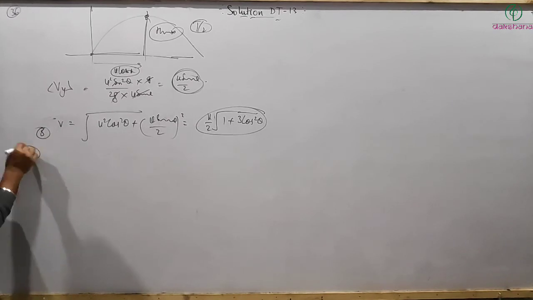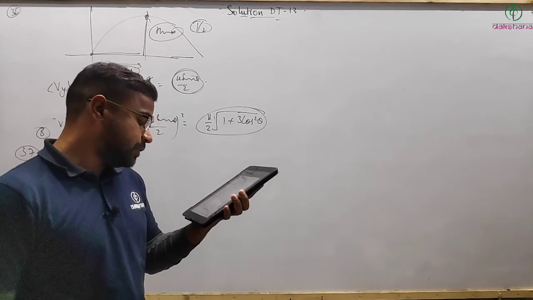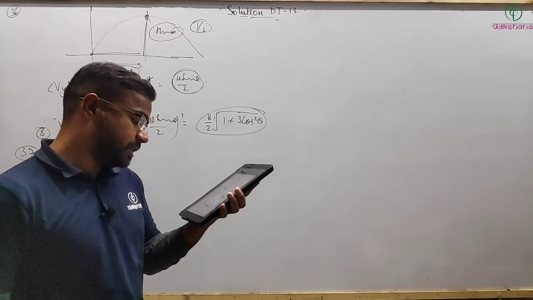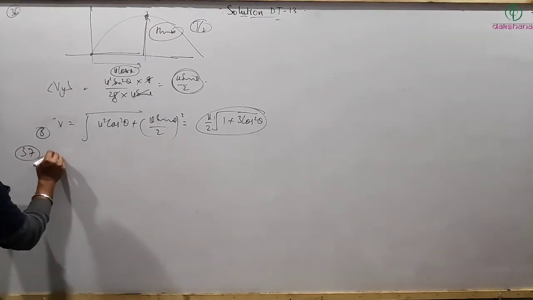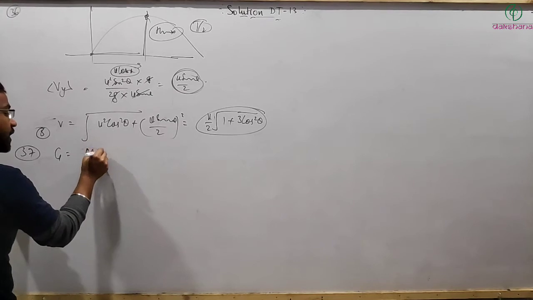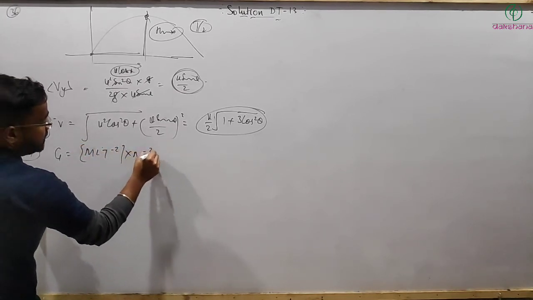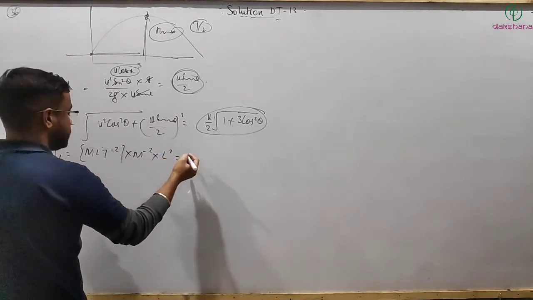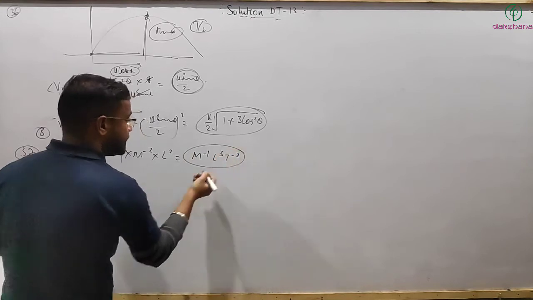Next question number 37. Speed of the light is c, acceleration due to gravity is g, and pressure p are taken as fundamental quantities. Then dimension of the gravitational constant. So पहले तो gravitational constant क्या हो जाएगा, f, that is m l t minus 2 multiplied by m minus 2 multiplied by l square, that is equal to m minus 1 l cube t minus 2, and this is equal to what?